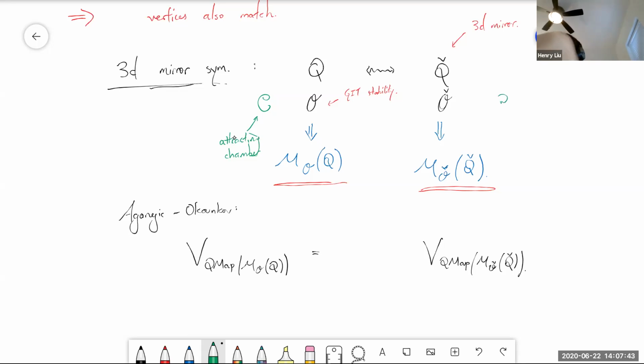And there's a choice of dual chamber C check. And what 3D mirror symmetry will do, well, part of what it will do is it will swap theta with C check and C with theta.